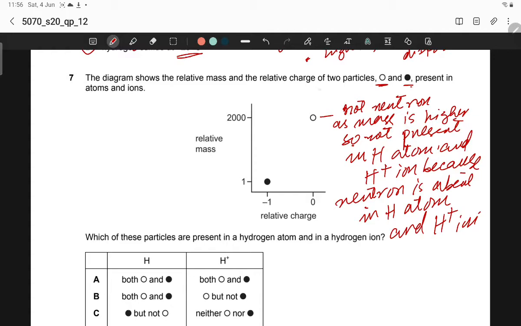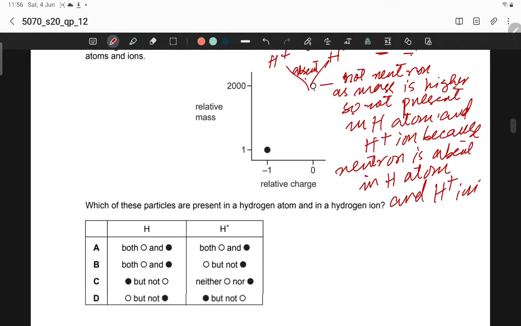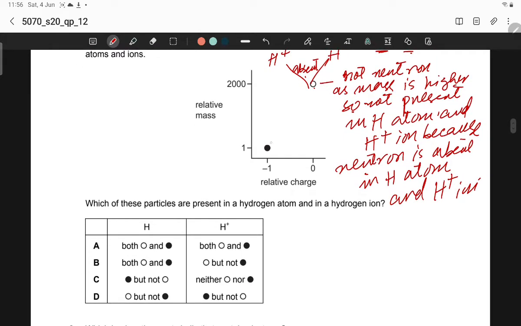So not in hydrogen atom nor in hydrogen ion. So this particle is absent. This is electron. This is because its charge is negative. So this will be electron.